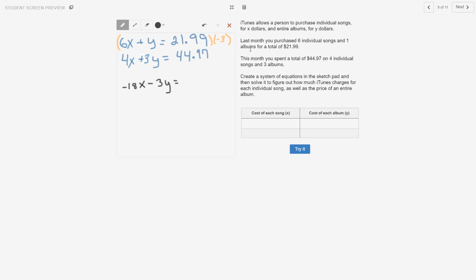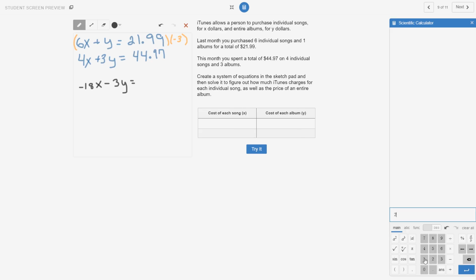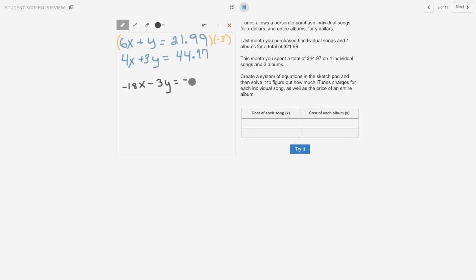And I might want to use my calculator on that. 21.99 times 3, 65.97. So that's going to be negative. I didn't put my negative sign in there.